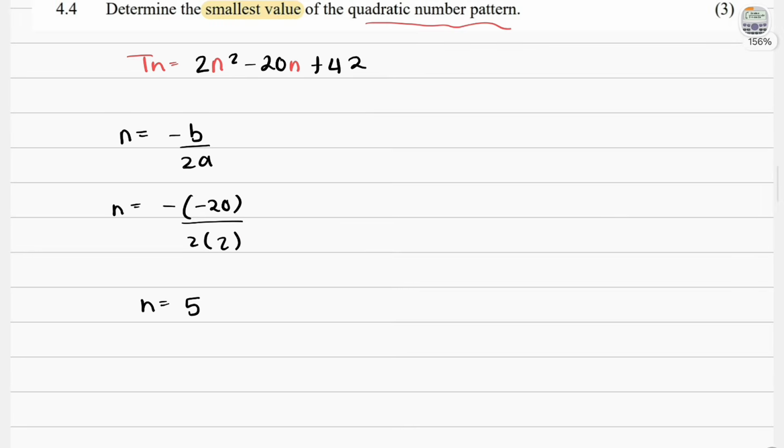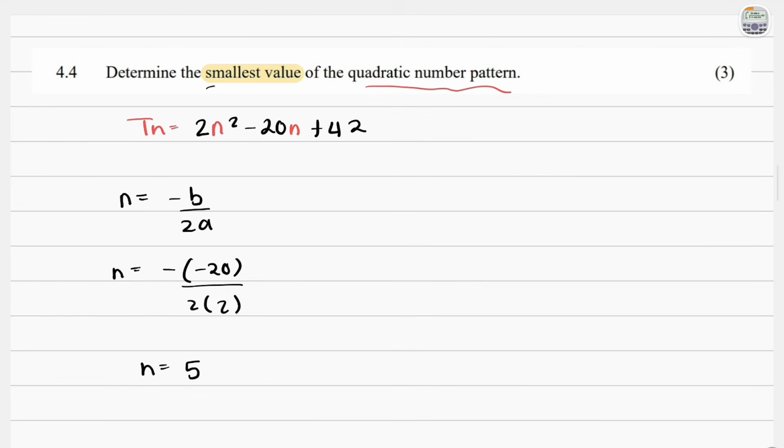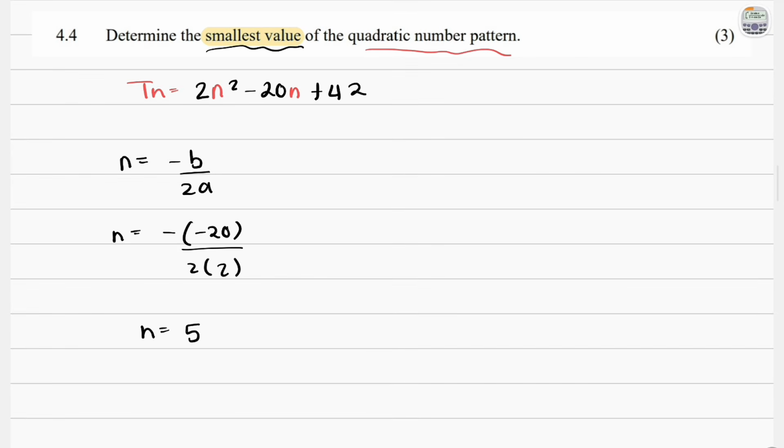So we know n equals 5. That is just the term number that it belongs to. They want the smallest value. So we're going to say, what is the fifth term? That will give us the value of the fifth term, the smallest value. So 2 times 5 all squared minus 20 times 5 plus 42.